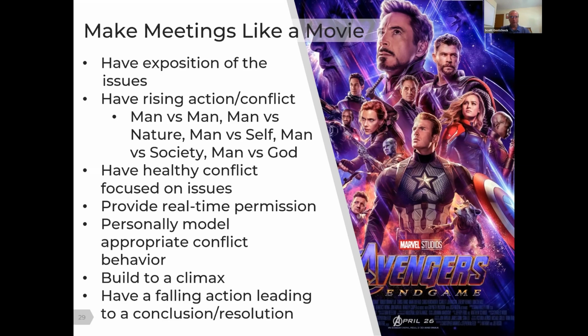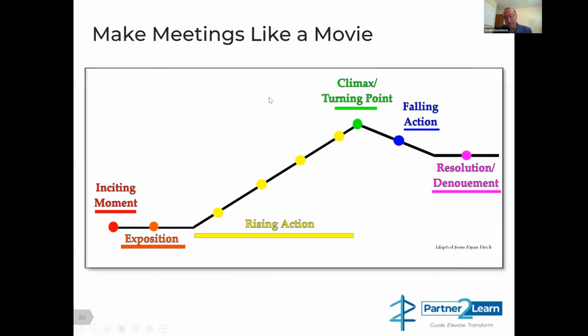So having real-time permission, focus on the issues, model appropriate conflict behavior, build to a climax and resolution, that falling action. So this is completely a literature tool, but this is what a meeting should look like. You have exposition, you expose the issue, you dig and you get to the real issue. Use those strengths finders, use those problem identification strengths, the strategic, ideation, intellection.